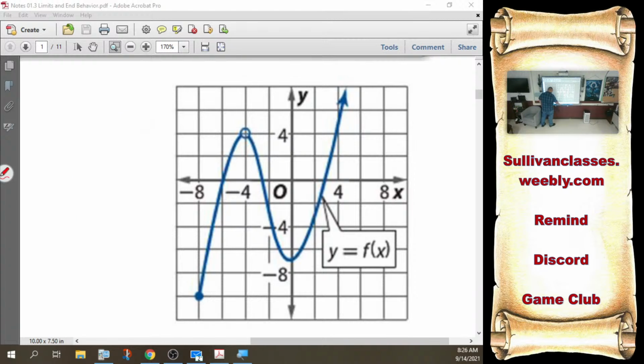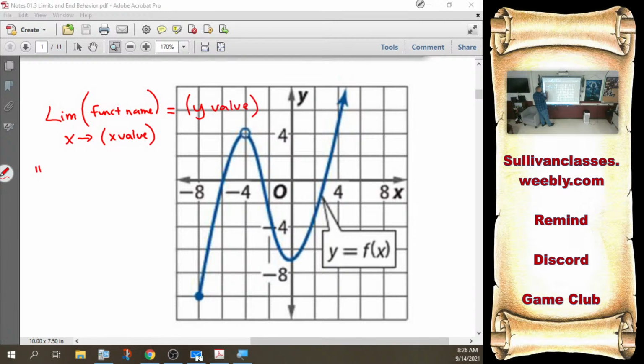That is the limit of my function name as x approaches my x value is my y value.